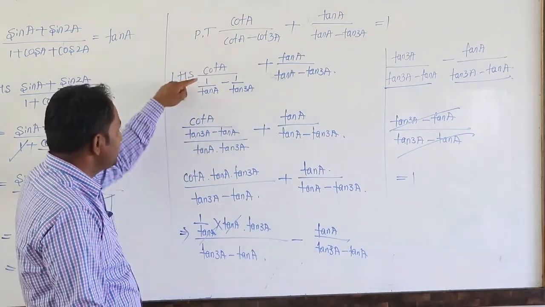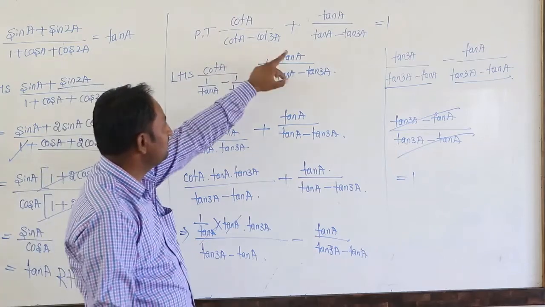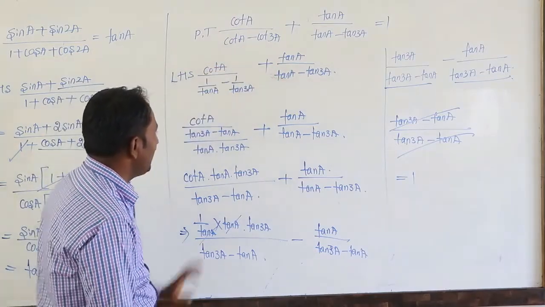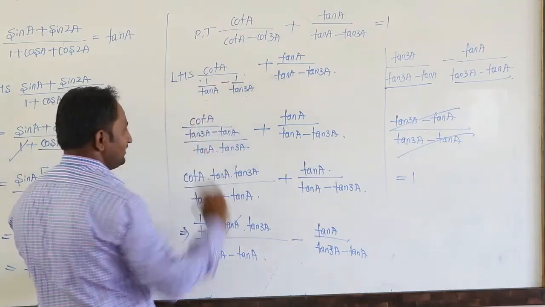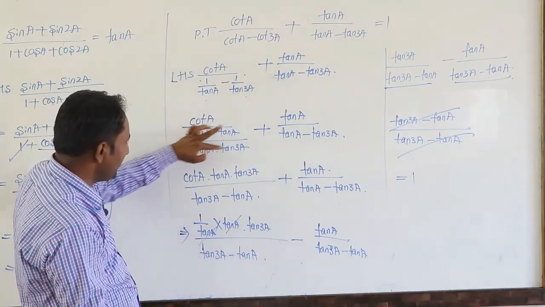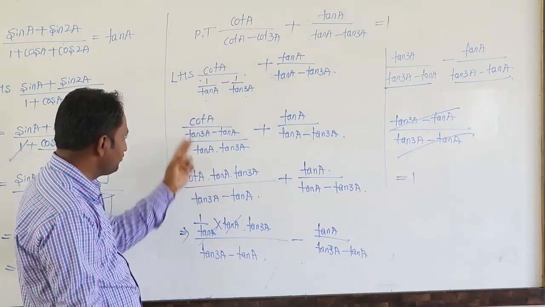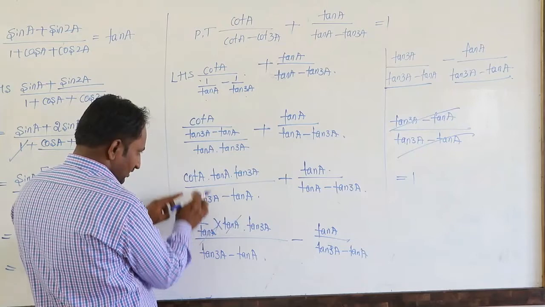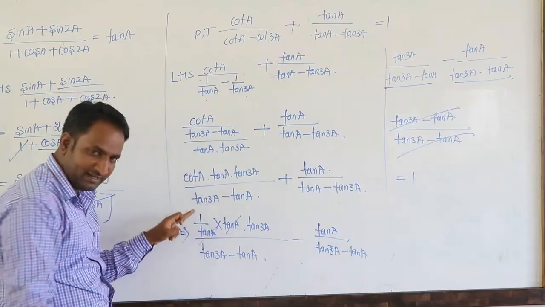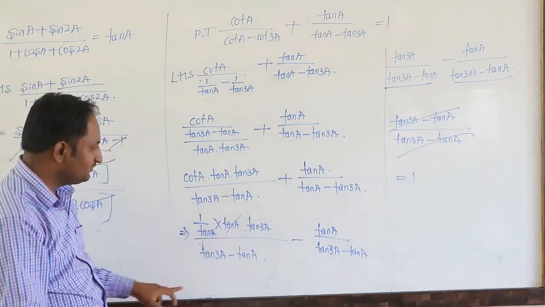Cot a is represented as 1 divided by tan a, cot 3a represented as 1 divided by tan 3a. Take LCM, tan 3a into this side, tan a into this side. We get tan a into tan 3a multiplied to cot a, then cot a expressed as 1 divided by tan a gets cancelled.